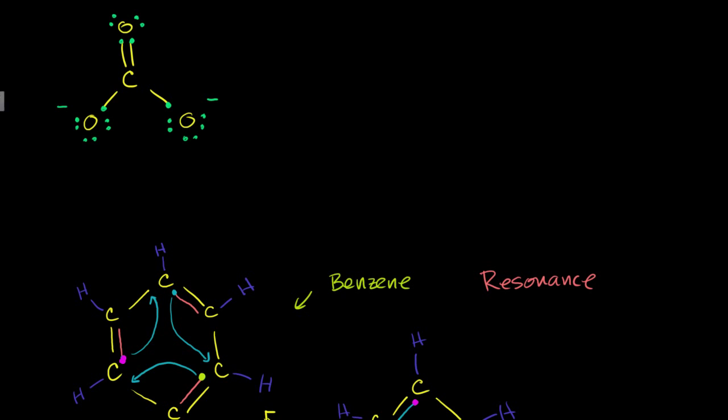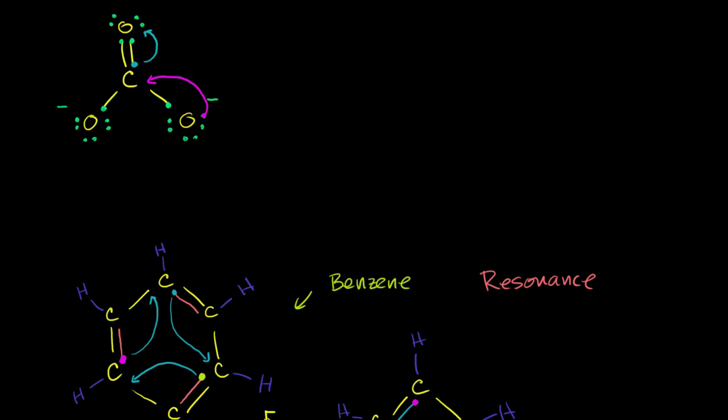So maybe you could imagine a situation where this electron right here gets given to the carbon. And when that gets given to the carbon, it all happens simultaneously. The carbon releases this electron, and it goes back up to that oxygen over there.